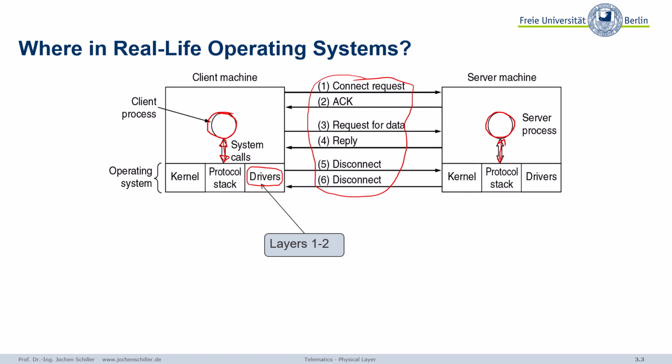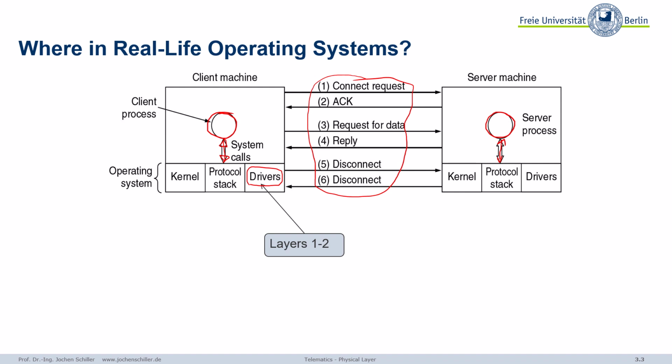And for many operating systems, drivers are considered a part of the operating system. This is not necessarily the case, so there are microkernels, etc., where this is all outside the kernel, but typically for the big operating systems like Windows and Linux, the drivers are part of the operating system.